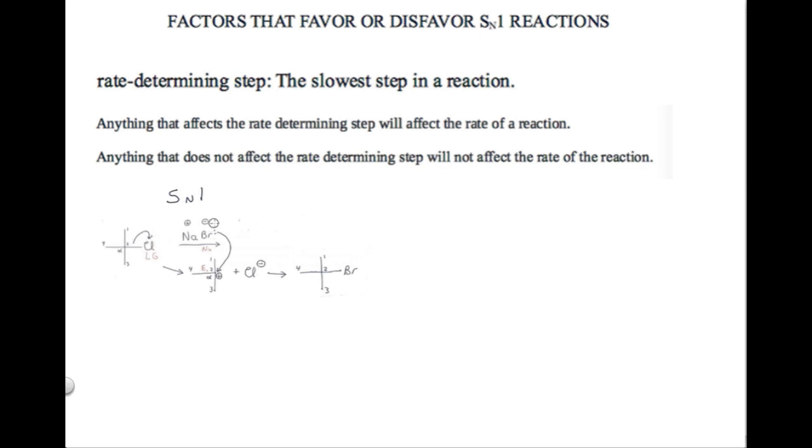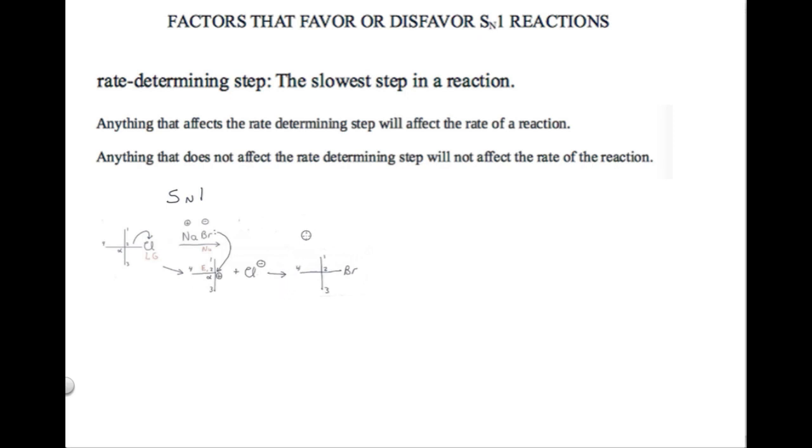Then in the second step, the nucleophile attacks the alpha carbon. Here I'm focusing on the main steps that always occur in every SN1 reaction. Step 1, leaving group leaves the alpha carbon. Step 2, nucleophile attacks the alpha carbon. Here's an example of an SN1 reaction that we've seen previously.